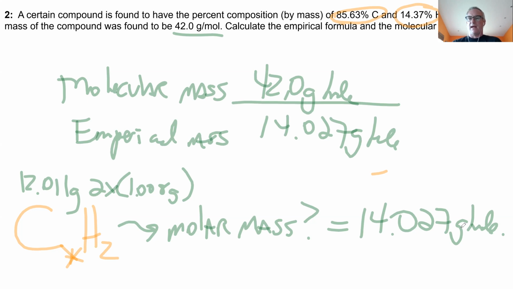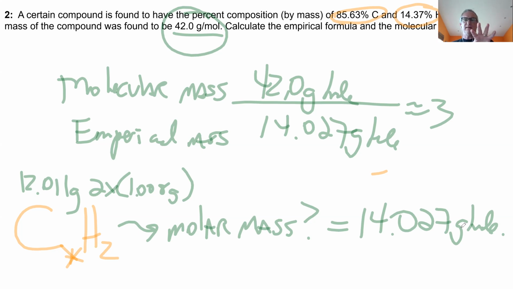3. Yeah, it's about 3. Now, there's going to be some imprecision here because we only have 3 significant digits for 42. So a lot of the times you'll get something like 2.98 or 3.01. If it's that close to a whole number, then it's going to be the whole number.